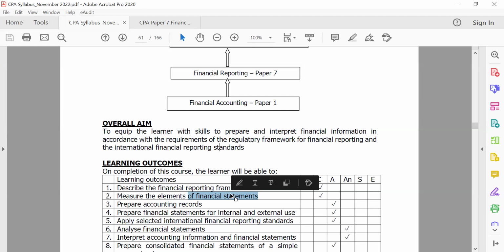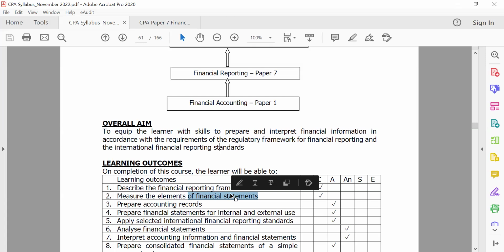But now we're looking at those different elements of financial statements: the assets, the liabilities, the incomes, the expenses. So we'll be able to understand how we measure these. Because ideally, in either financial accounting or reporting, we do quantify. So how do we say that this asset is this value, how do we measure that asset? So the quantification aspect is very key.